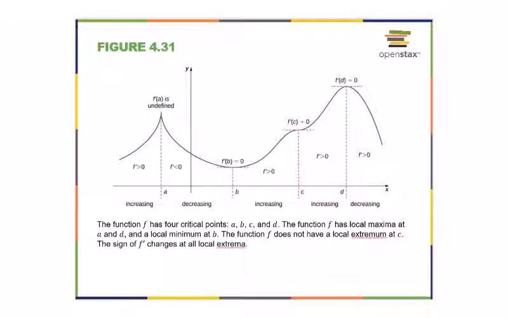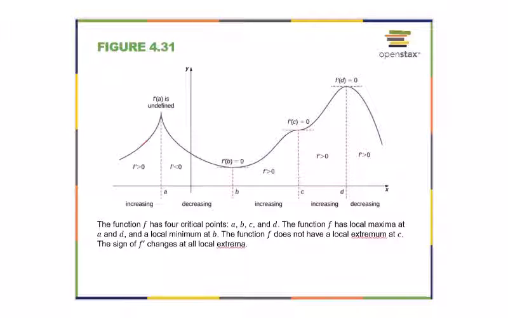Okay, so one is the first derivative test, and what you basically do is you just figure out whether the function is increasing or decreasing on either side of those critical points. So you'd find the critical points first, and then you would determine the behavior on the interval leading up to that critical point. So let's say we're using critical point A in this case.